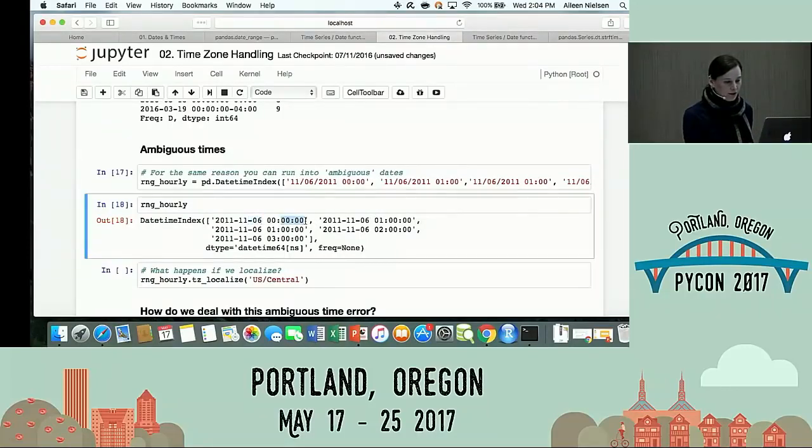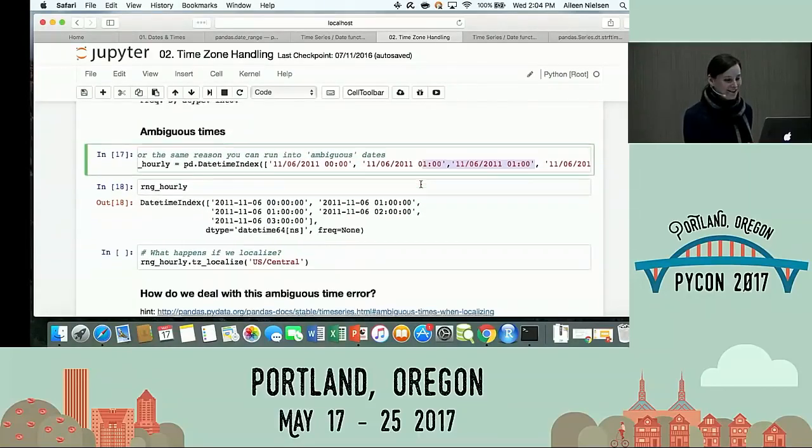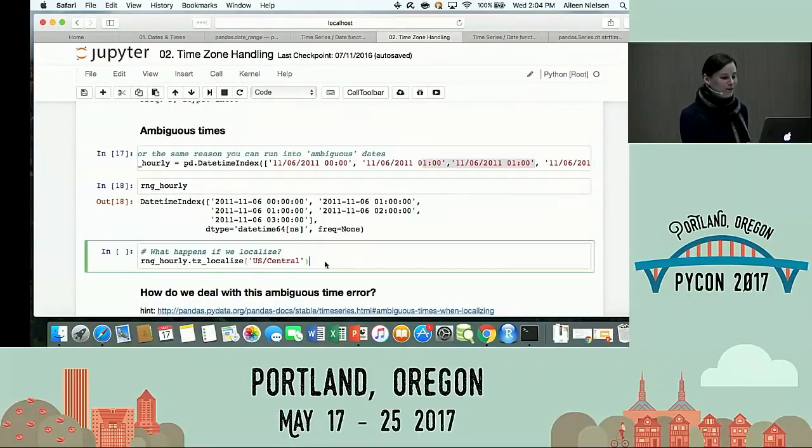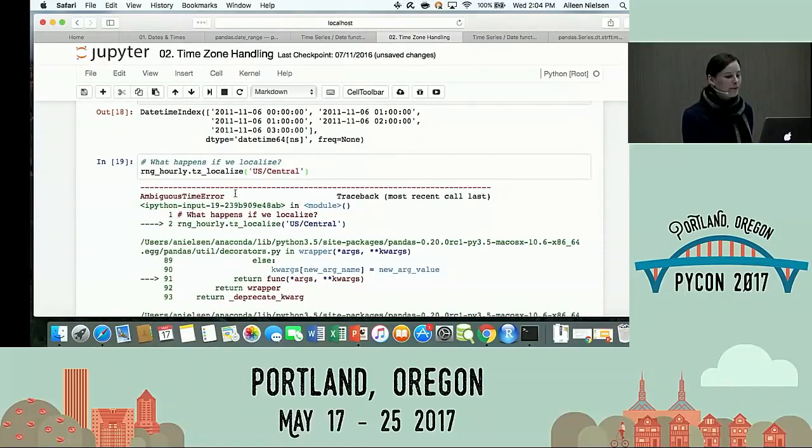I go from 0 to 1 to 1. Why is that? Well, because I said it that way. If you look at the list, it's time zone naive. But if I localize it, I get an ambiguous time error.